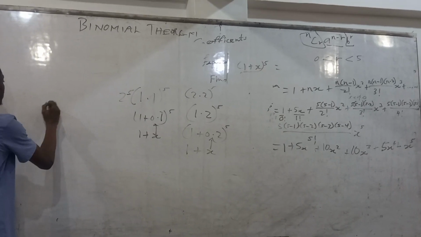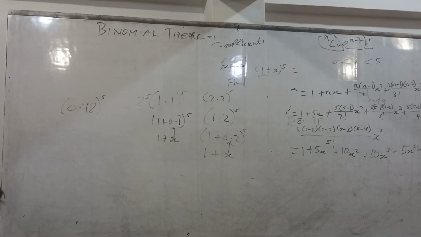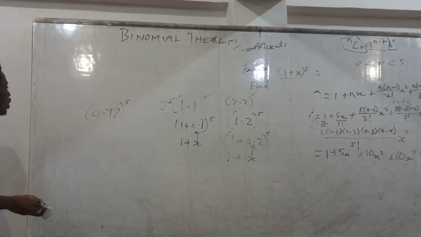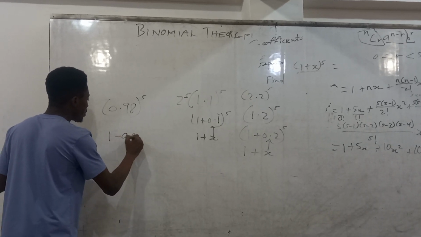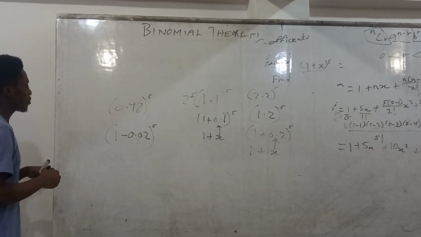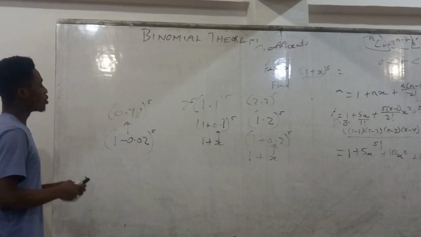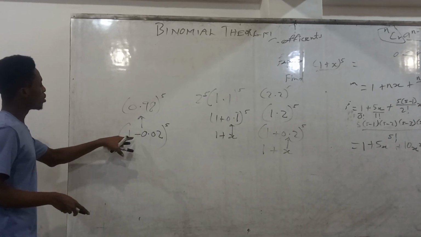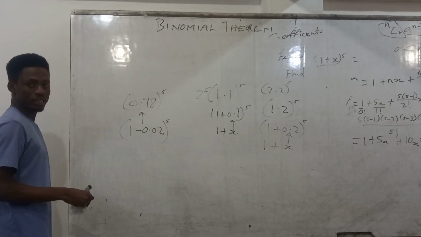Sometimes they will say find 0.98 to the power 5. With 0.98, you know that it is 1 minus 0.02. 1 minus 0.02 will give you 0.98.